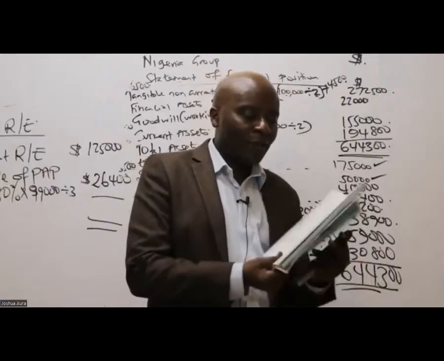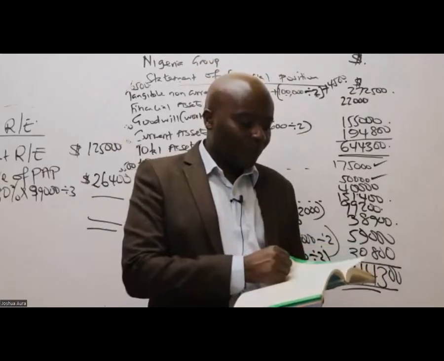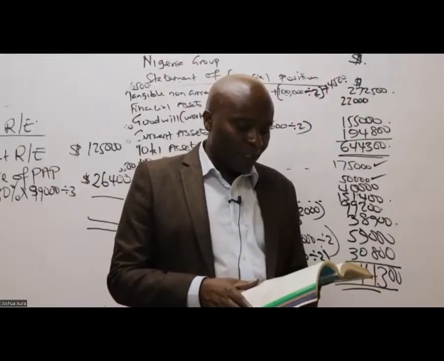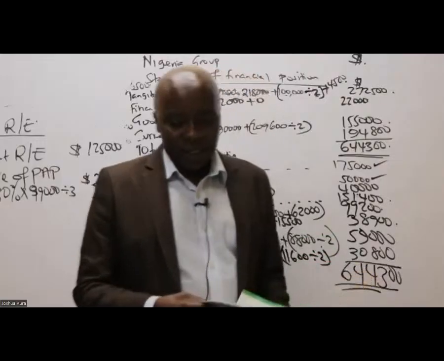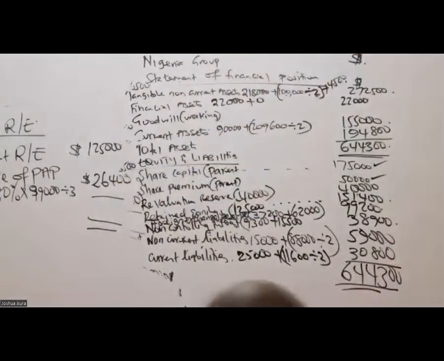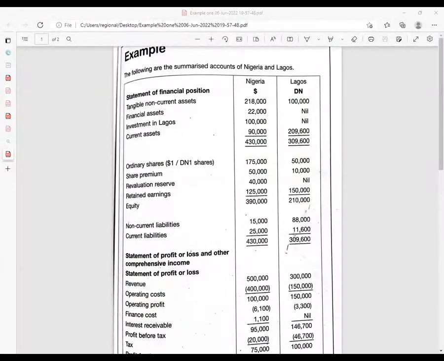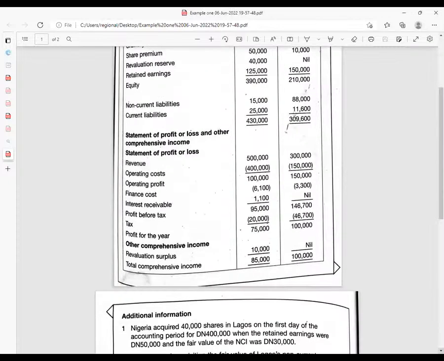Now, ladies and gentlemen, given this little time left, we need to go ahead and capture the income statement. The income statement, very easy. This is the easiest, consolidated income statement. They have given us a statement of profit and other comprehensive income.